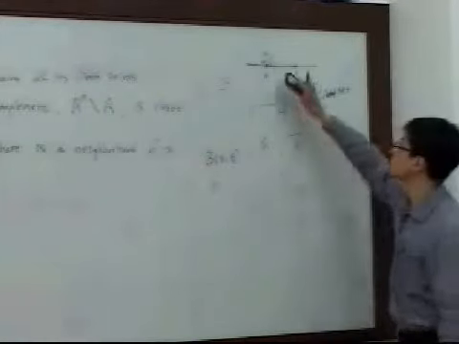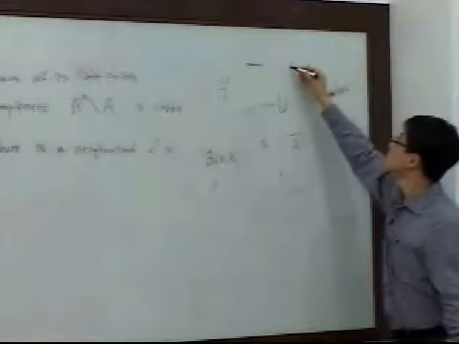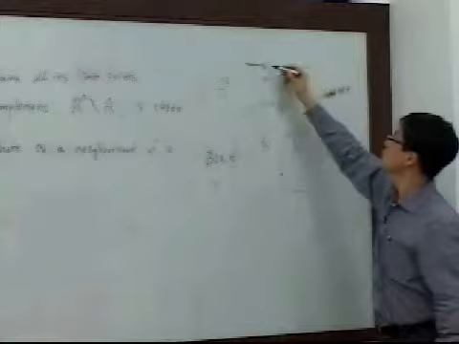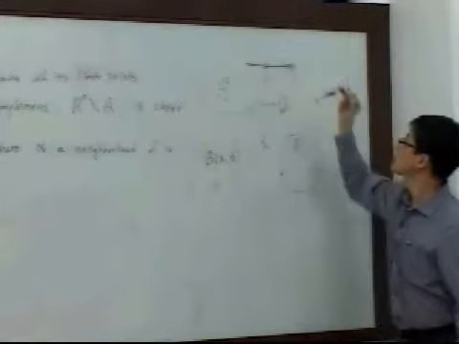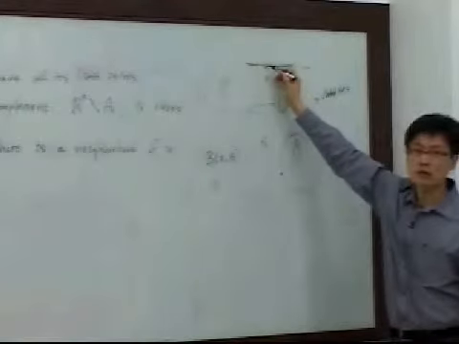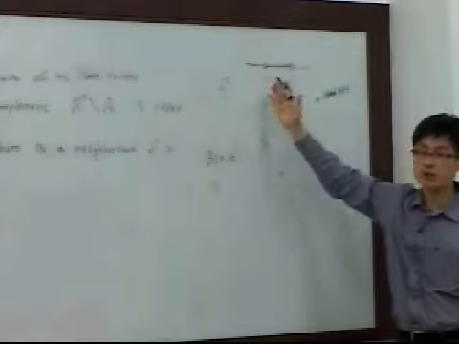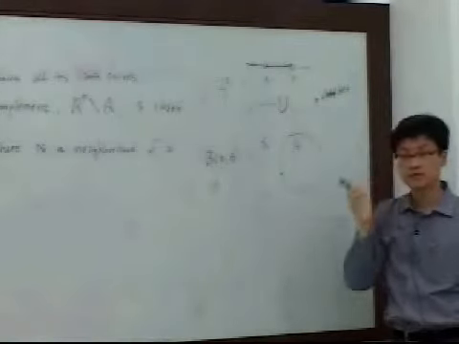But think about an open set. 0 and 1. If you choose some value near 0, because 0 we cannot choose, is this interior?